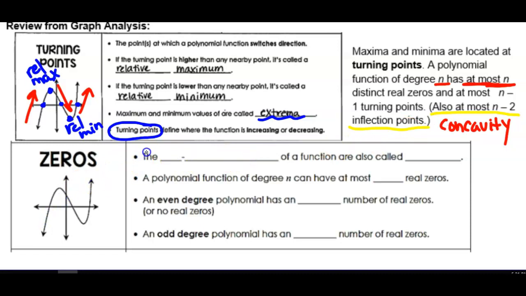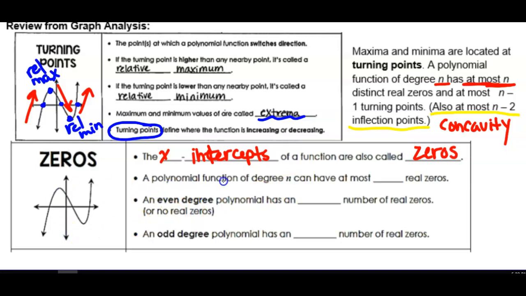So on this graph, what does this say? The x-intercepts of a function are also called zeros. The graphing calculator says find the zero.